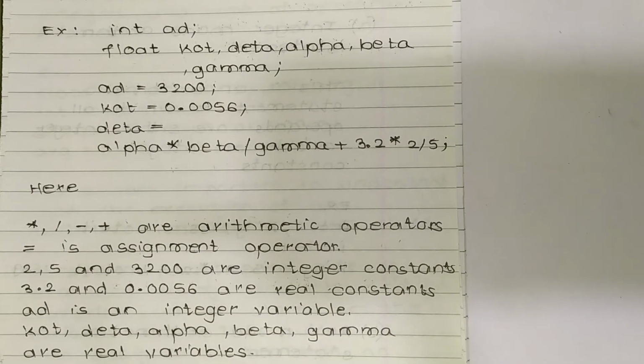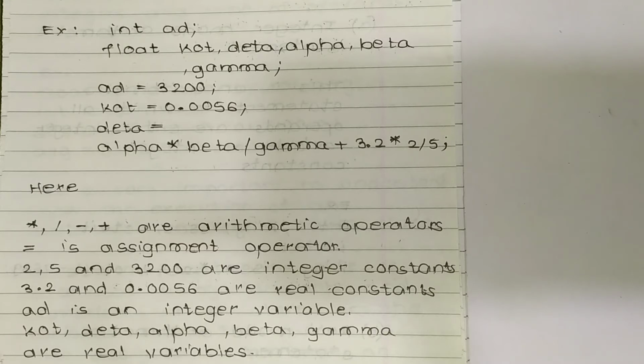Example: int add; float quote, data, alpha, beta, gamma. So add is an integer, so it is declared as int. Then quote, data, alpha, beta, gamma are float. Now add is equal to 3200.